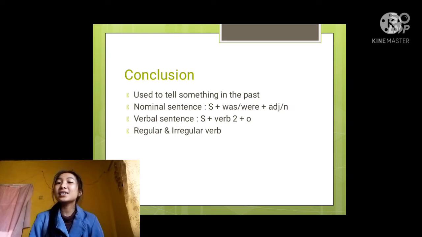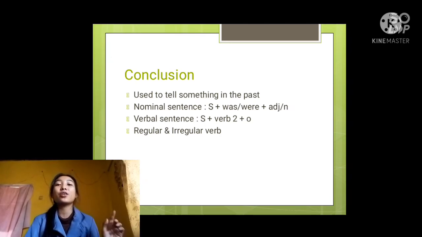Past tense is used to tell something that happened in the past and also finished in the past. There are two types of sentence in past tense. First is nominal sentence. Second is verbal sentence, which have different patterns. For nominal sentence, we have subject plus to be, was or were, plus adjective or noun.